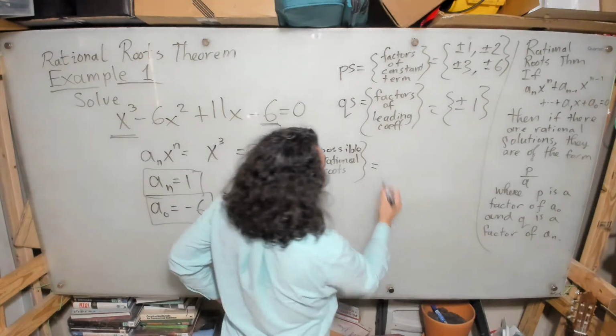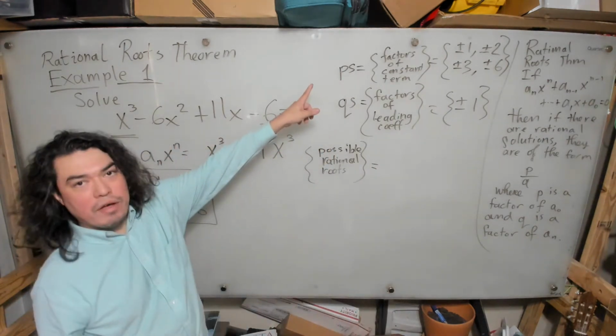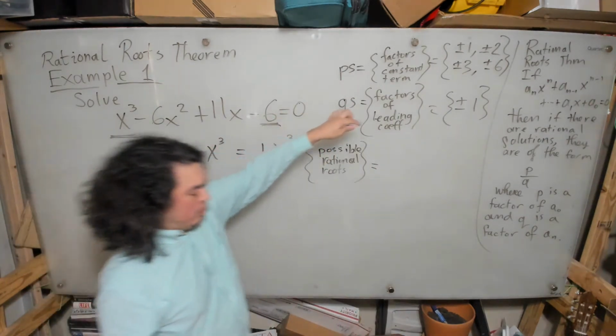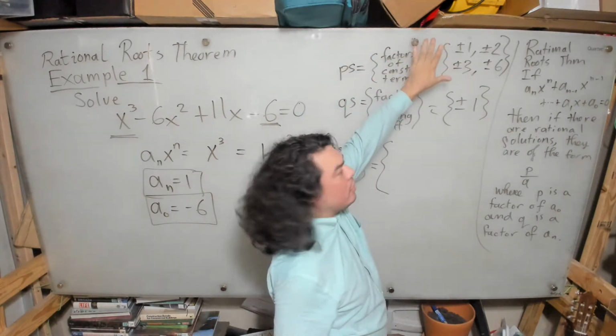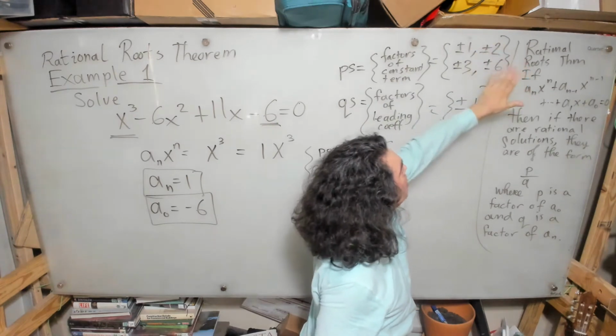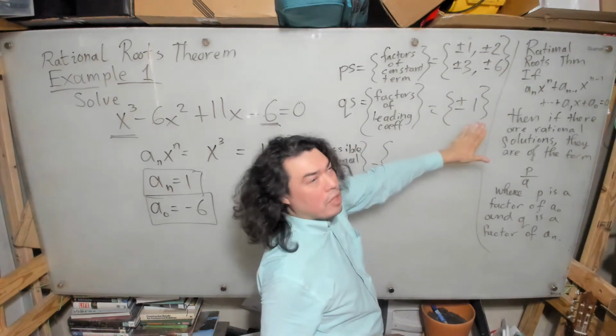I'm going to make all the possibilities of a p divided by a q. Let's first take all of these to be positive, and I'm going to divide them by positive 1.